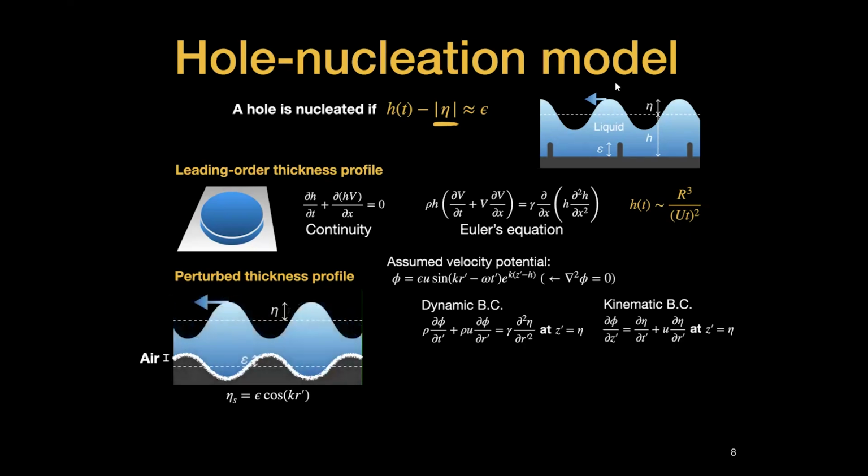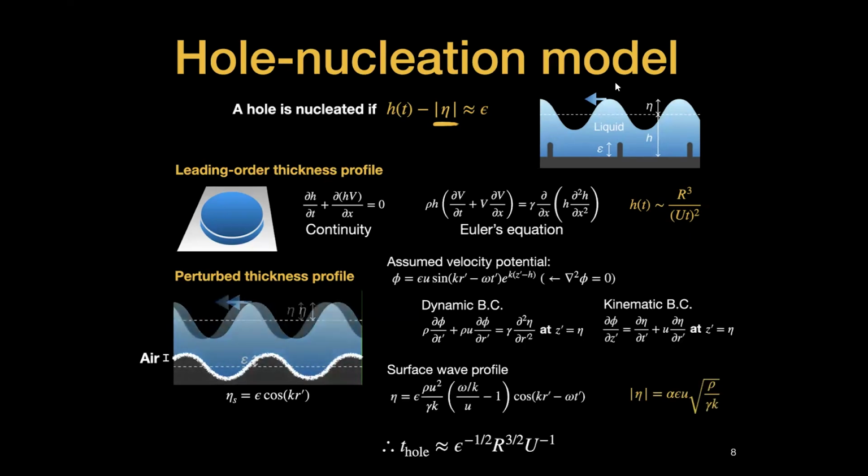So the dynamic boundary condition is based on the surface tension, and the kinetic boundary condition comes from the vertical velocity, which depends on the height: the change of eta, plus u, the horizontal velocity, times the gradient of this height. And we assume the velocity potential is a sine and exponential function, which comes from the Laplace equation of the velocity potential.